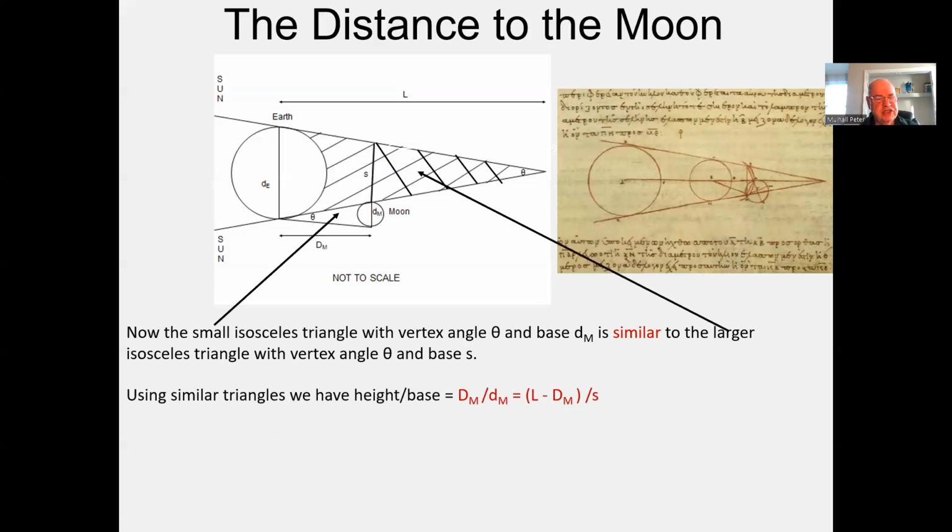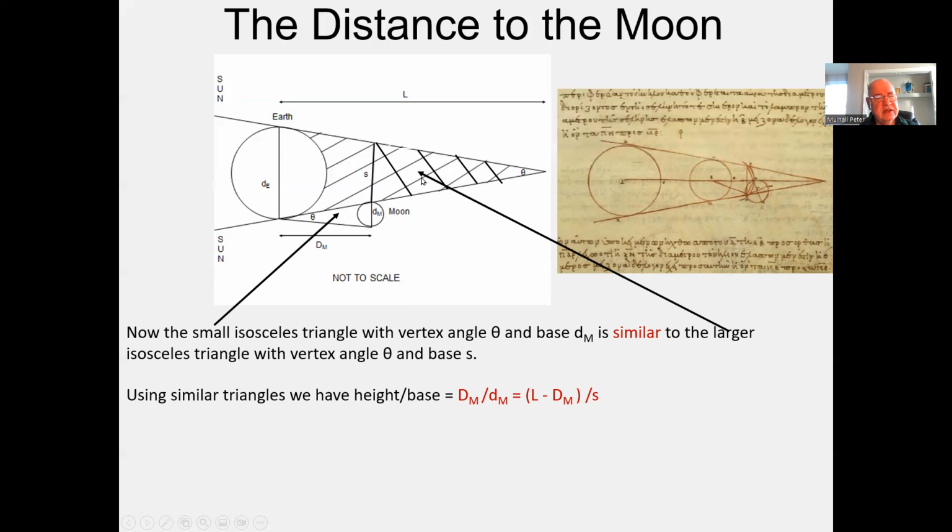And what are those proportional sides? He can say, well, the distance of the moon, the height of this small triangle, is to its base, the diameter of the moon, as the height of this triangle, mentioned in a second, is to its base, which is S. Proportional sides. The height is to the base as the height is to the base.